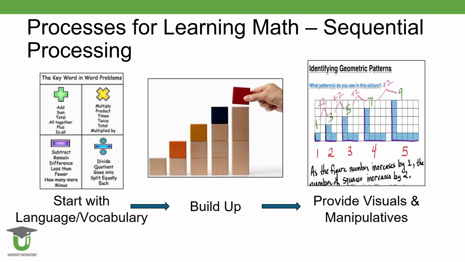The build-up strategy asks for you, the instructor, to look at the task and think about how to go from a simple version of the task to the more complex. For example, starting with a pattern that grows by 2 can be connected to counting by 2 by showing the jumps it takes to get from one number to the next.